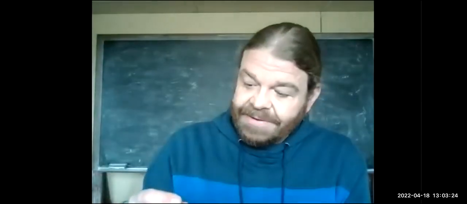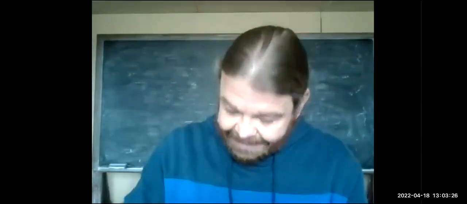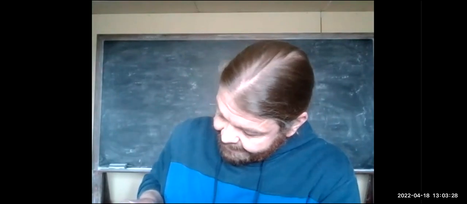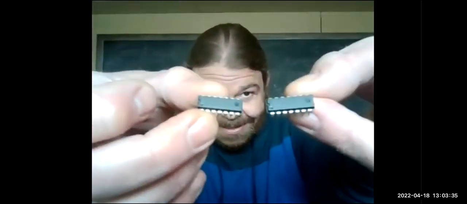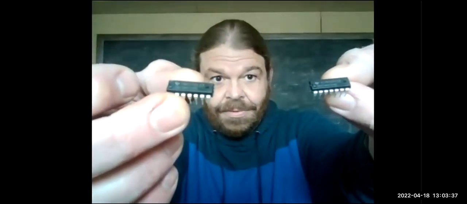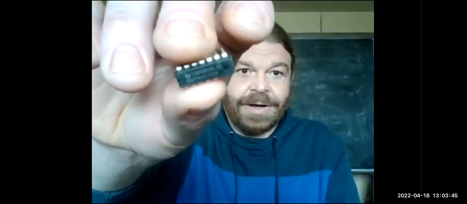This is a 74HC04, which is a NOT gate. But if we just look at it, it looks almost identical to the 7408, which is an AND gate, or the 74HC32, which is an OR gate.